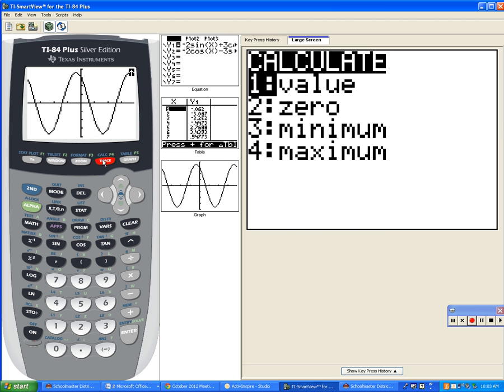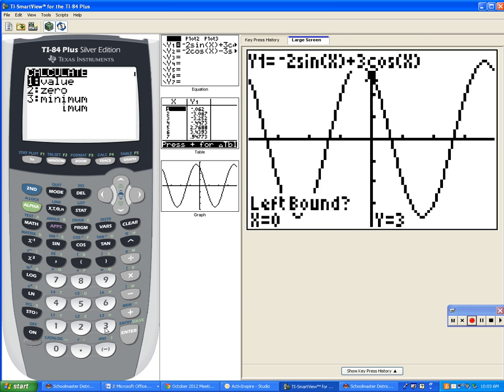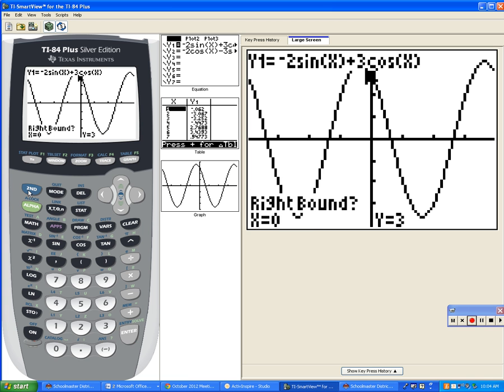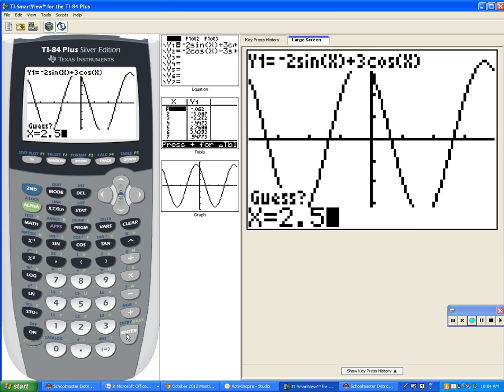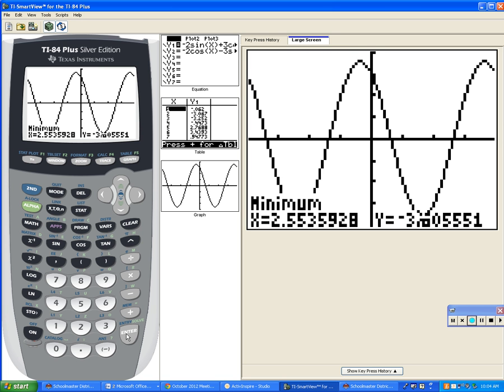So we go second calc minimum, and let's say that our guess was 2.5. So it all works out. Okay, why don't you put the done right here? Not done. Okay, where'd you plug in the negative 2/3 at?